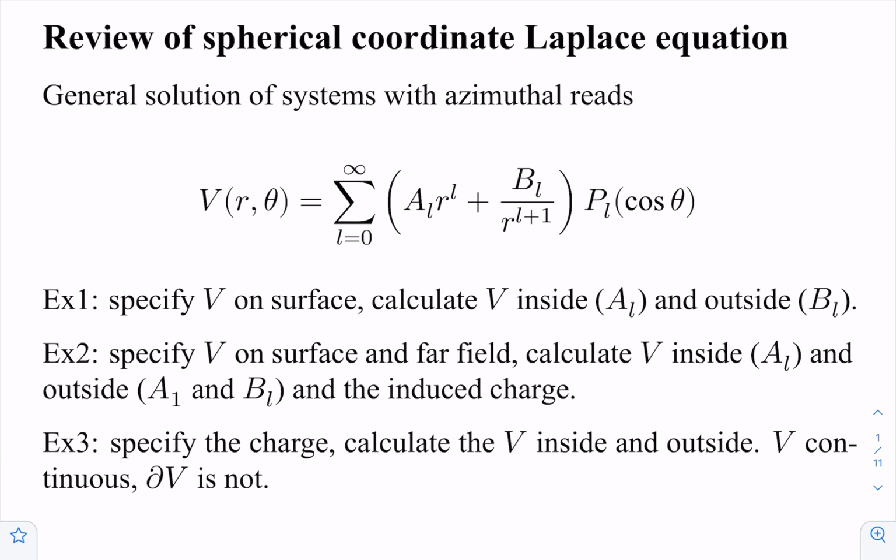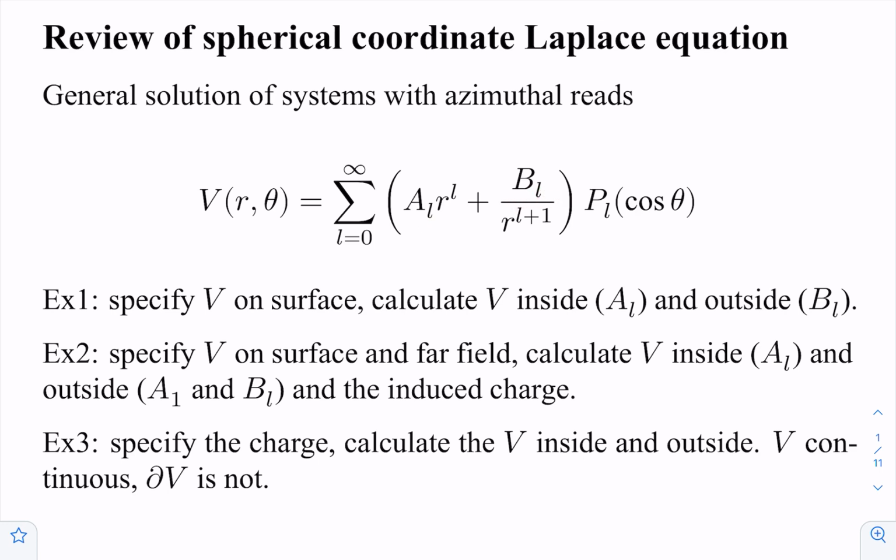Also, in the last example, we didn't specify the potential. Instead, we specified the charge on the surface. And this time, we wanted to determine the potential both inside and outside. We used two equations to calculate the ALs and BLs.